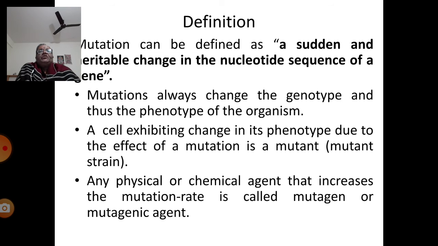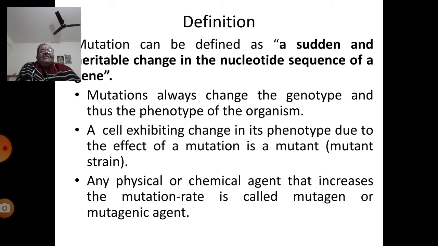Then what is mutation? Mutation can be defined as a sudden and heritable change in the nucleotide sequence of a gene. So by now you must be knowing a gene is a piece of DNA, right, which is capable of producing a functional protein, and it is made up of nucleotide sequences, right?